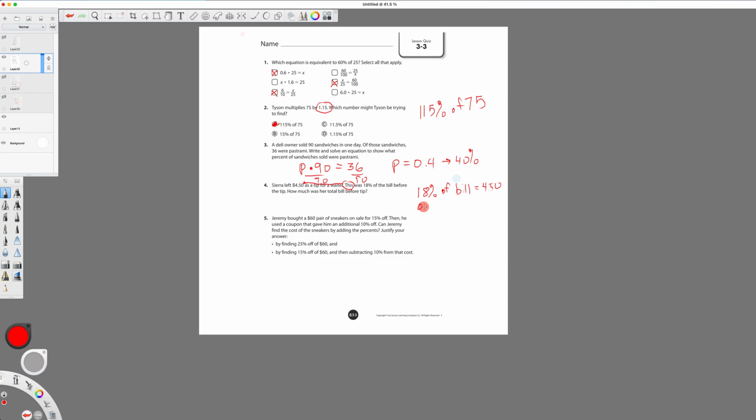So we have 0.18 times some bill equals the 4.50 tip. And then if you divide by 0.18, 4.50 divided by 0.18, and I get 25. So the bill was $25.